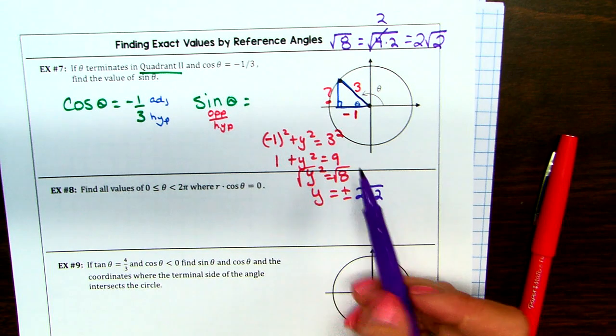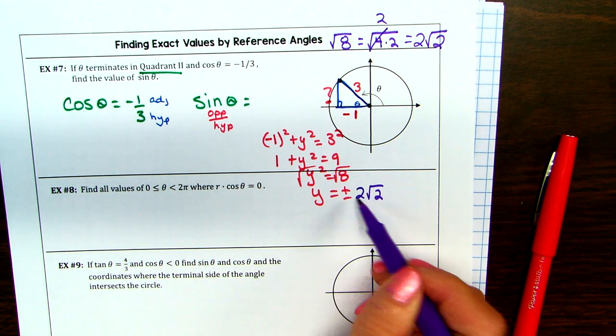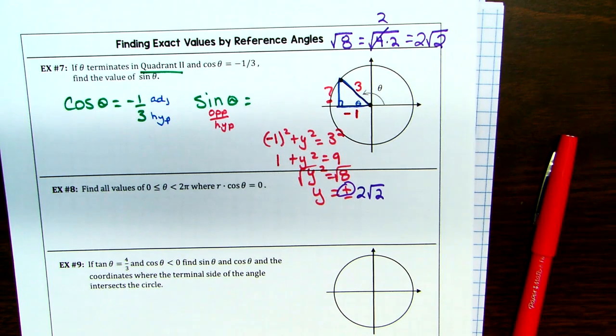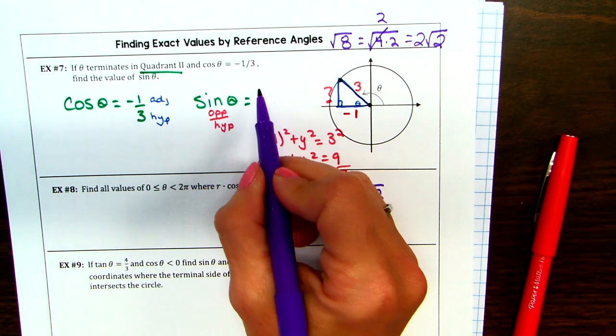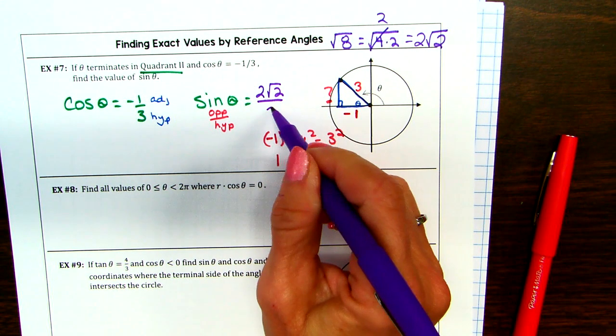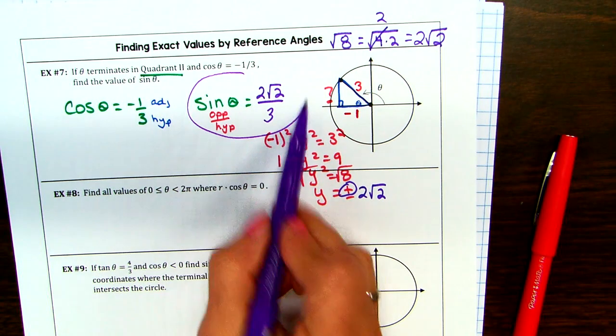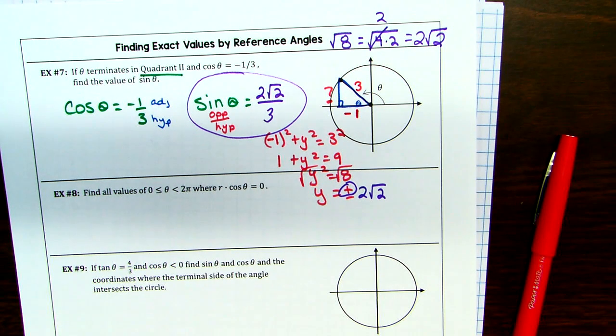Okay, and since we're going up on that side in quadrant 2, we're going to use positive 2 square roots of 2. That's our opposite side, right? Our opposite side would be our numerator over the hypotenuse. And that's all they wanted, was sine. Okay?